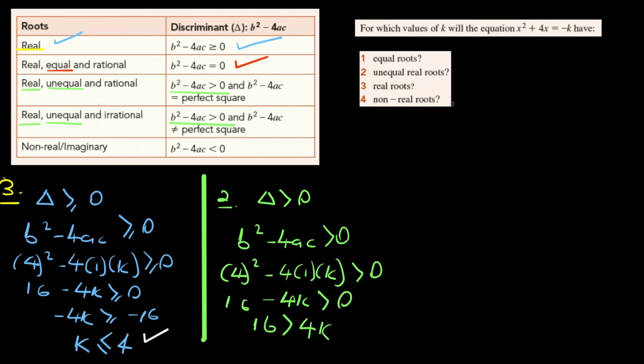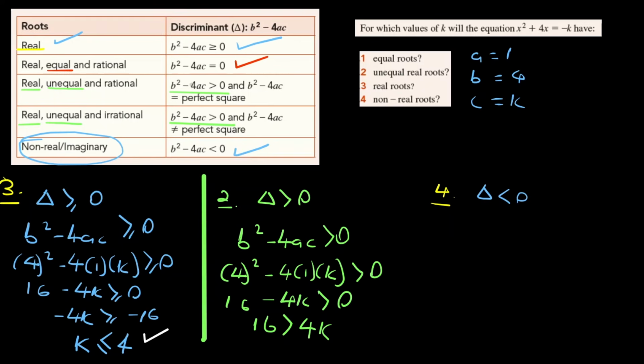Let's just remember that our a value is 1, our b is 4, and our c is equal to k. So we're just jumping into number 4. Number 4, non-real roots. Which are non-real roots? Non-real roots are non-real imaginary roots. It means that the discriminant is less than 0.